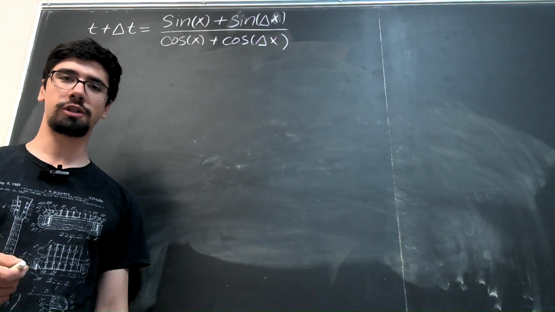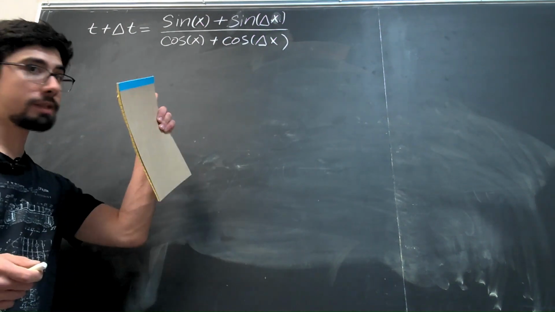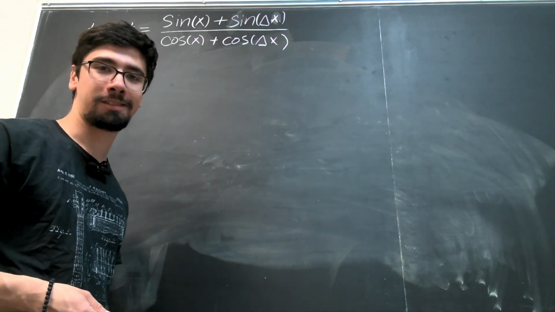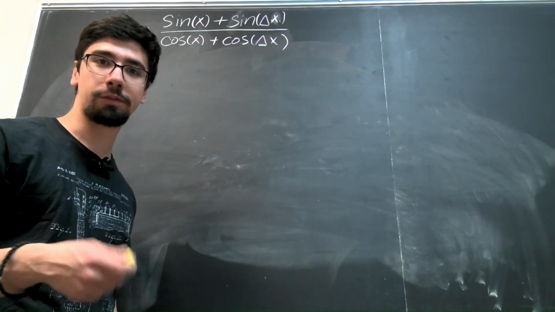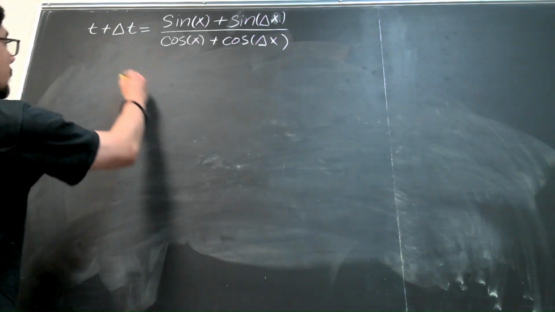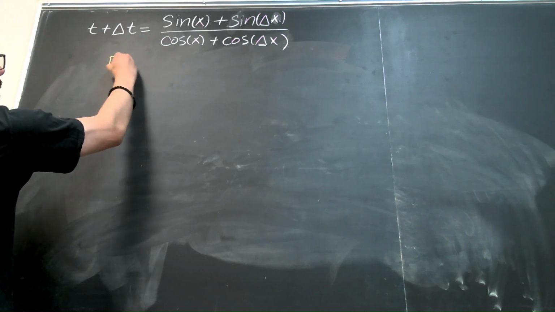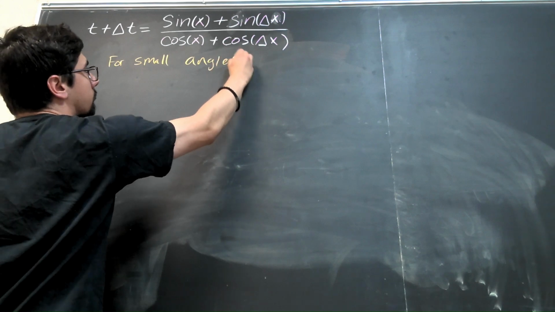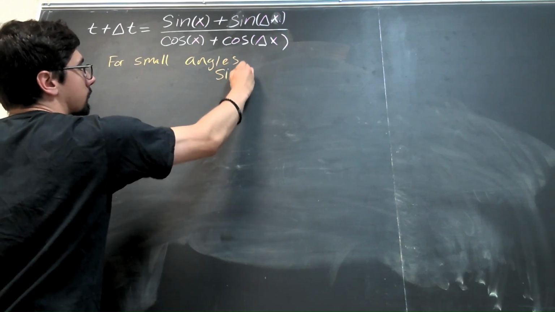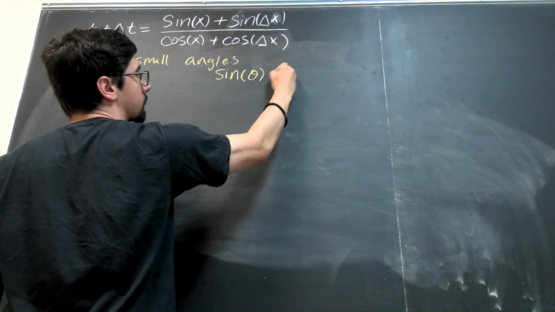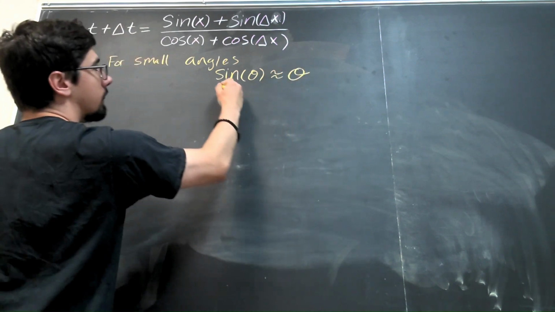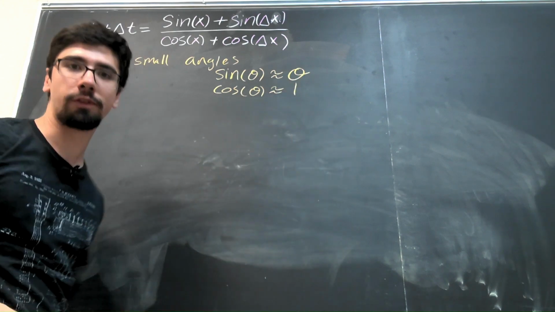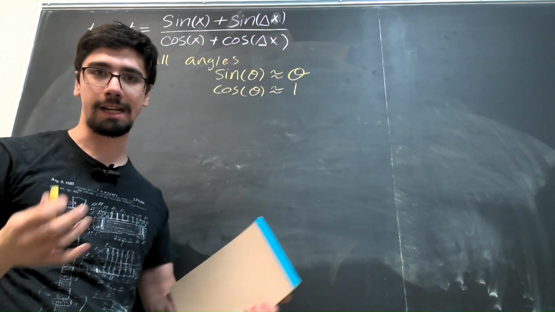Let's continue with our trigonometric journey. So this is where we left off, and we're going to use the following trick to do the rest. So we're going to do what's called assuming small angles. And that is the observation that for small angles, sine of theta is pretty close to just theta, and cosine of theta is basically just 1 whenever the values of theta we're plugging in are really tiny.